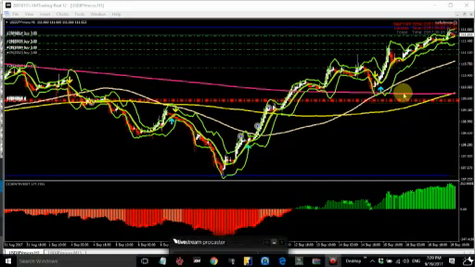This is the reason why these moving averages are on my chart. When my price here crosses the moving average 100, I understand that the 30-minute chart has changed. When it crosses this 200, I know that the 1-hour chart is changing. And when it crosses this 900, I know that the 4-hour chart and daily are preparing to make a change.